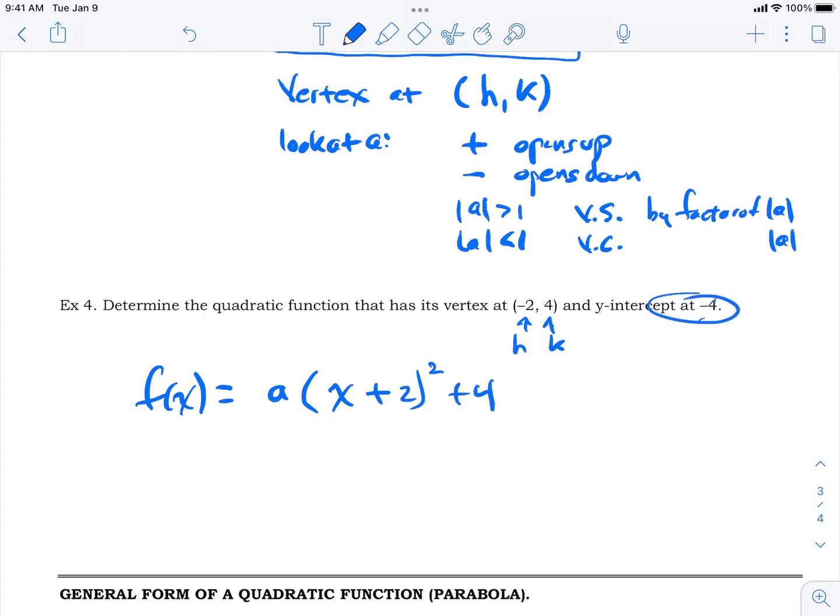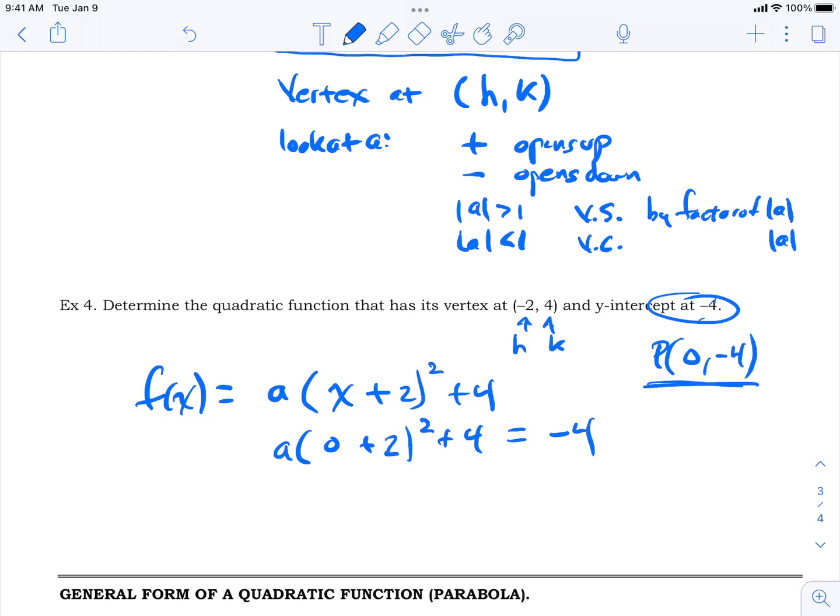Yes, we do. They told us that there's a y-intercept. That would be the point, let's see, when you plug in x equals 0, you get y equals negative 4. So we use this point and say, okay, when I plug in x equals 0, I'm supposed to get y equals negative 4. And so I can solve. Boy, that looks terrible, doesn't it? Let's fix that. That's a 2.